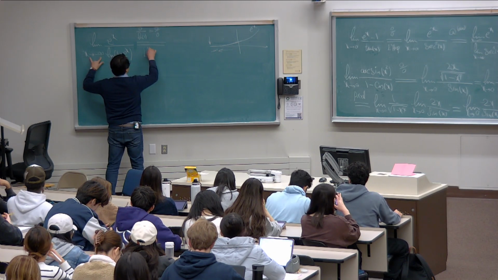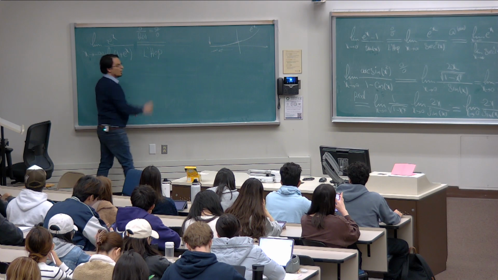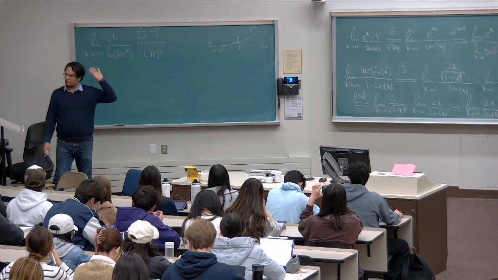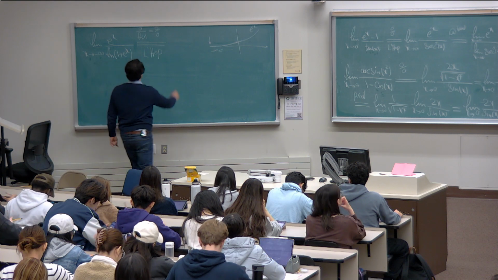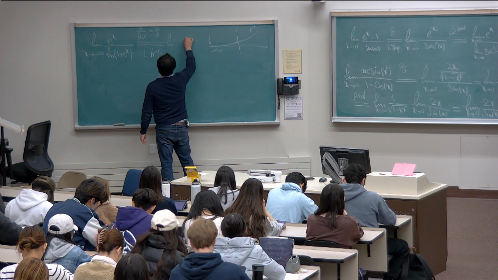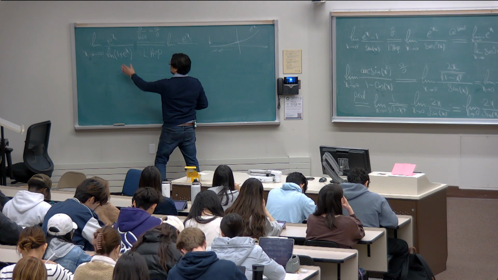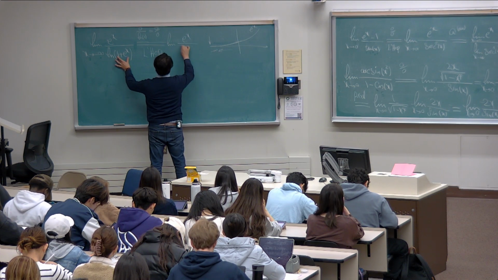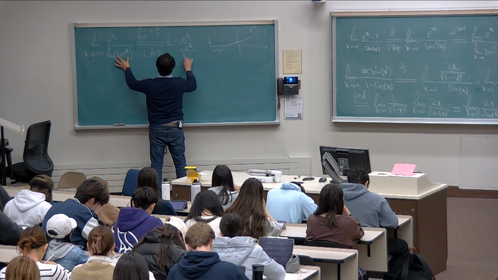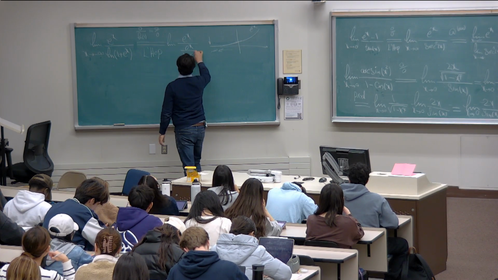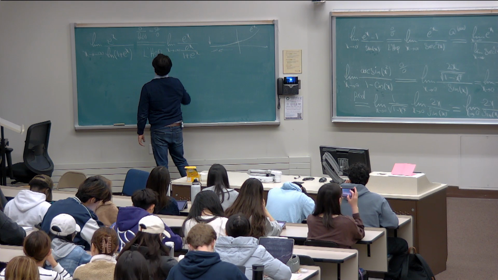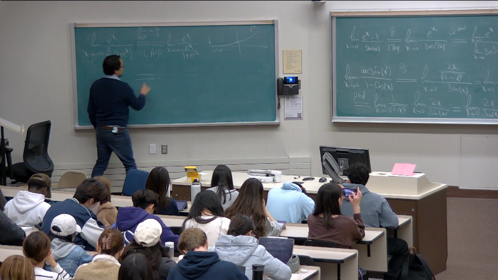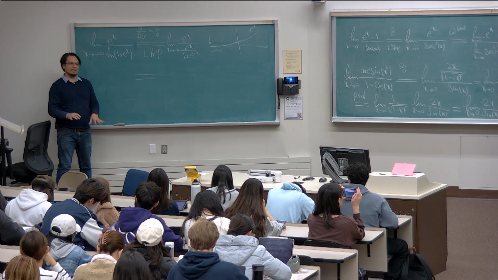In other words, my tool is stronger than the first version that I wrote on that board. And that is the limit of e to the power x over the derivative of ln of u, which is u prime over u. Let's for a second simplify that.